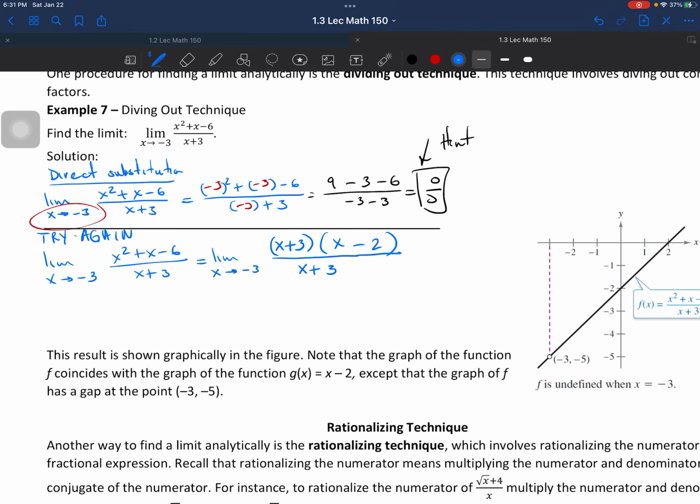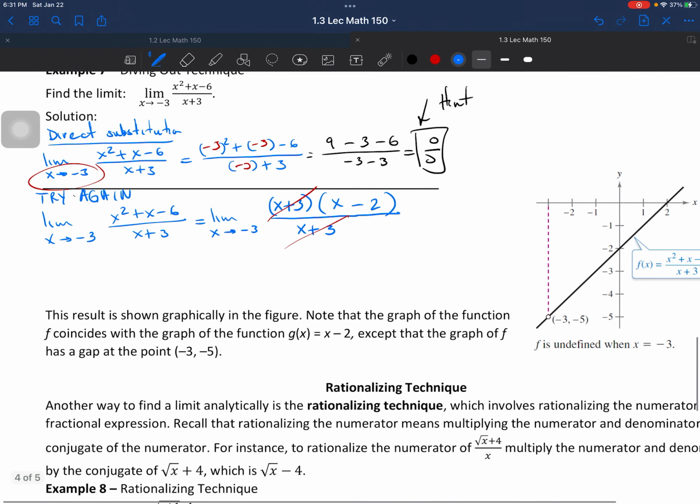It'll be x minus 2. x minus 2 times x plus 3 will give me x squared plus x minus 6. So now we'll cancel those two, and the limit of x minus 2 as x approaches negative 3 is going to be, by direct substitution, negative 3 minus 2, which is negative 5.